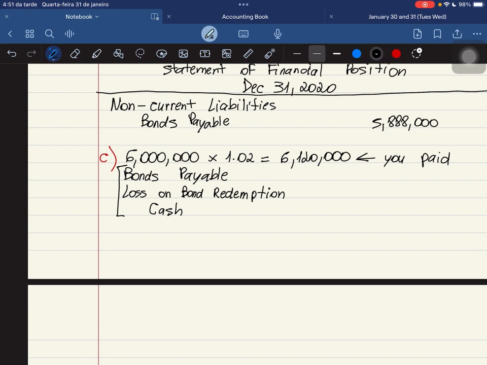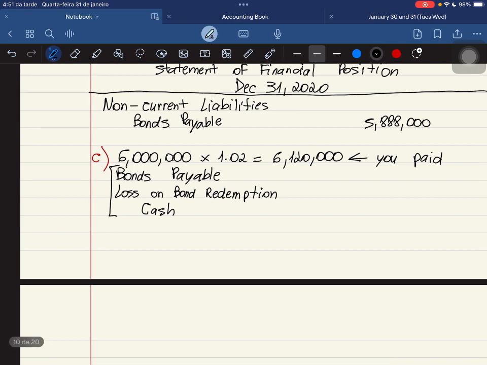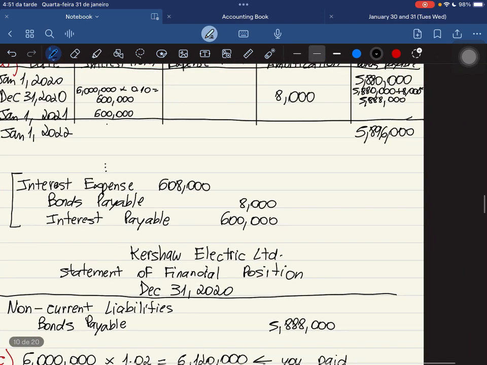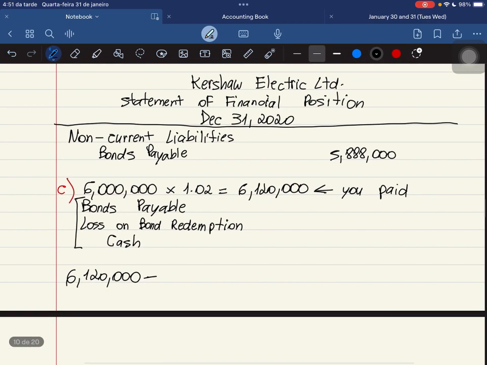Okay, so how much is your loss? Well, this is simply going to be the amount that you paid minus your book value of 5,896,000. That is 224.